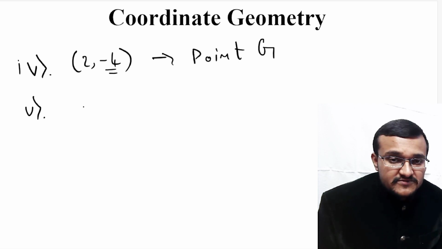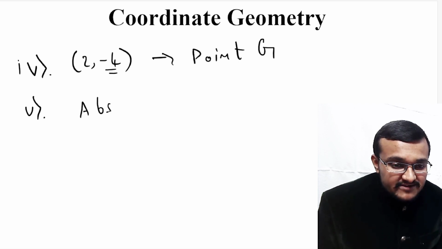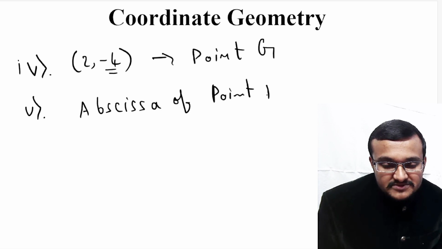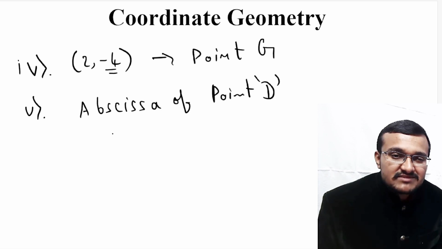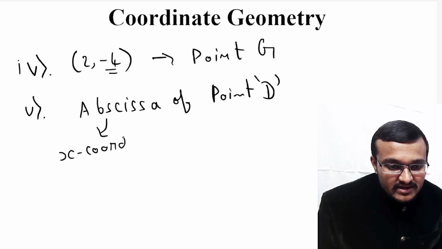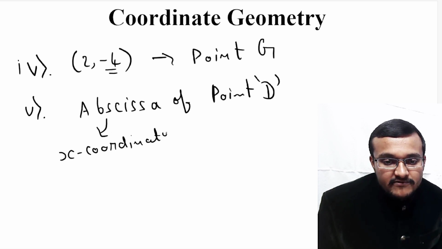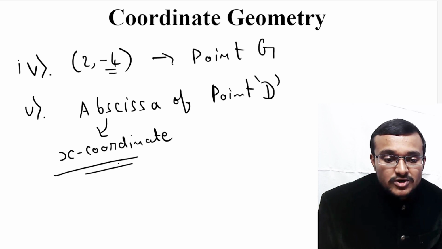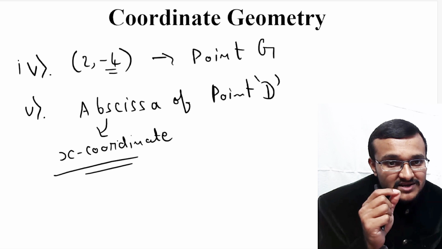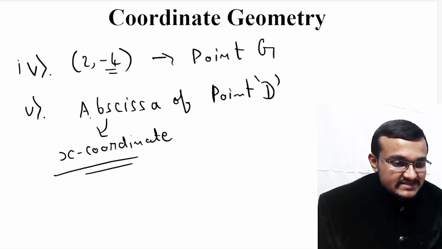Now coming to the fifth question, here you have to identify the abscissa of point D. Abscissa is nothing but the x coordinate. So what is the x coordinate? The x coordinate is the coordinate which is perpendicular from the point to the y axis.